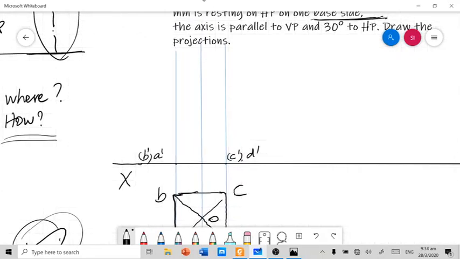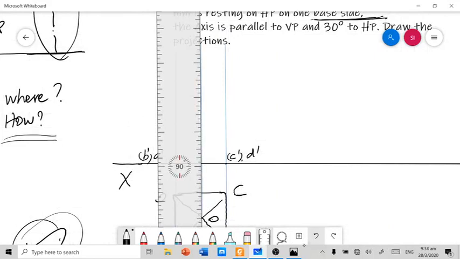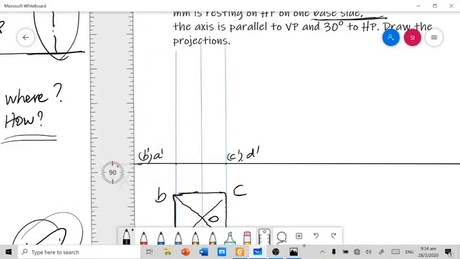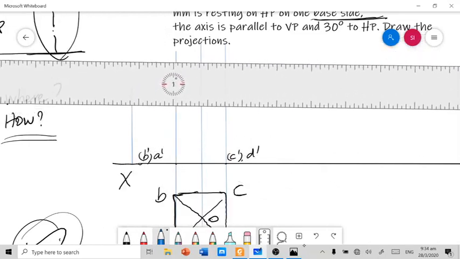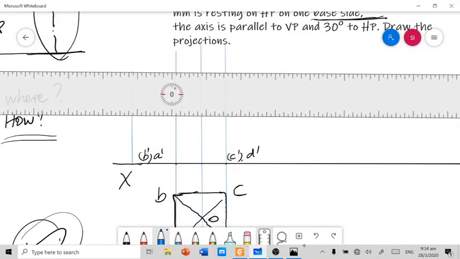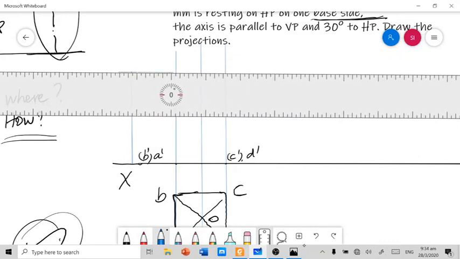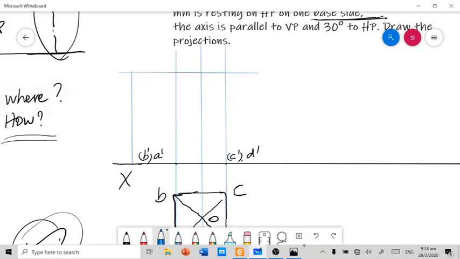So from the base, I need to draw a dimension line with the height of 65 mm in order to locate the apex point in the front view.